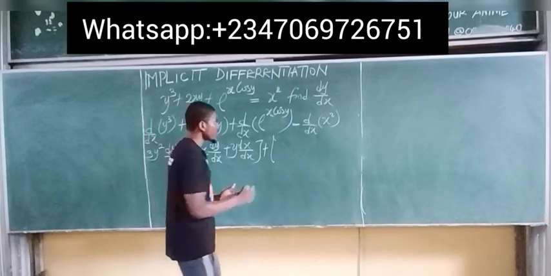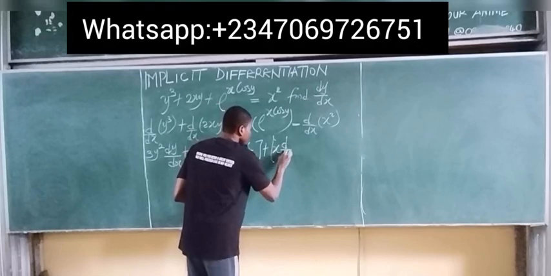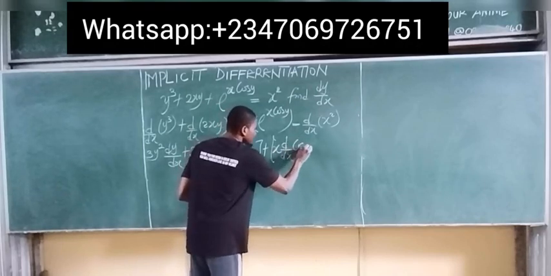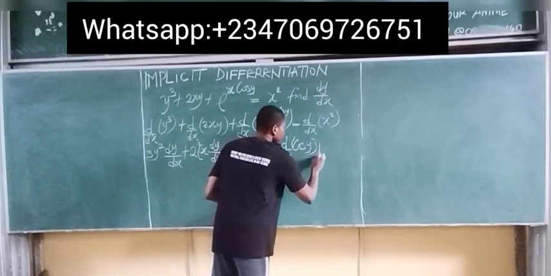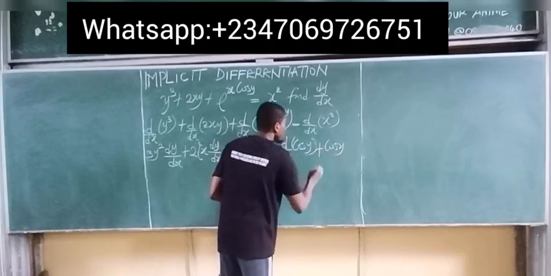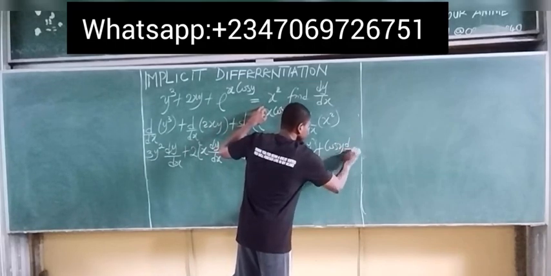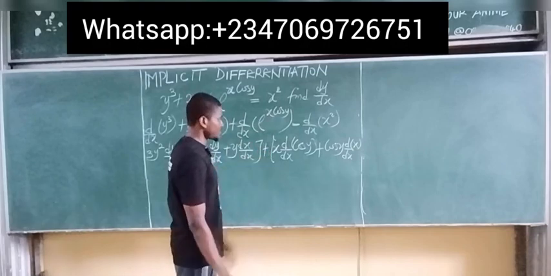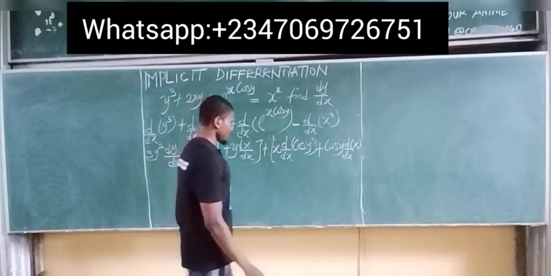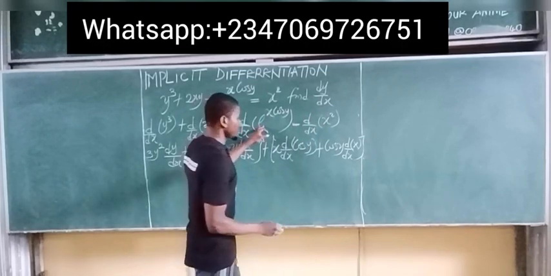From the product rule, you keep x constant, then you differentiate cos y with respect to x, so d/dx of cos y, plus now you keep cos y constant, you differentiate x with respect to x. Then use this value to multiply the exponential function itself.